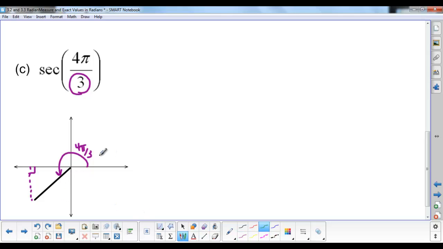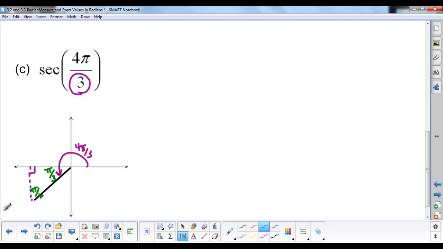Well, again, if from initial position to the other side of the x-axis was 3 pi by 3, and our entire angle was 4 pi by 3, well then our missing related acute angle must just be 1 pi by 3. And right away, I can see special triangles. So if this angle is pi by 3, then this one must be pi by 6.